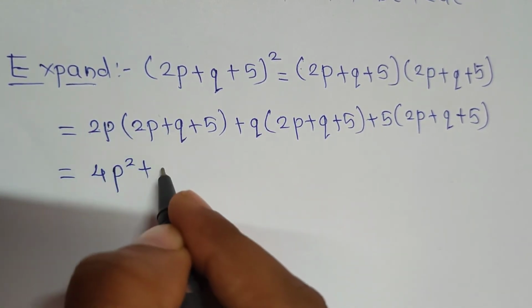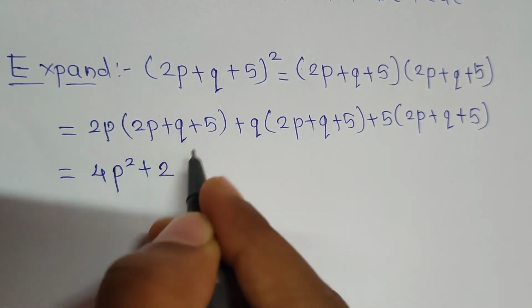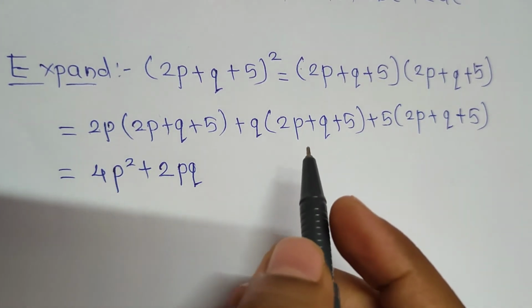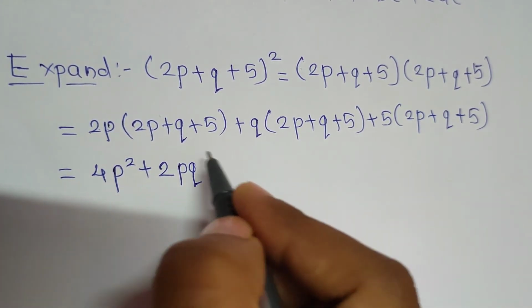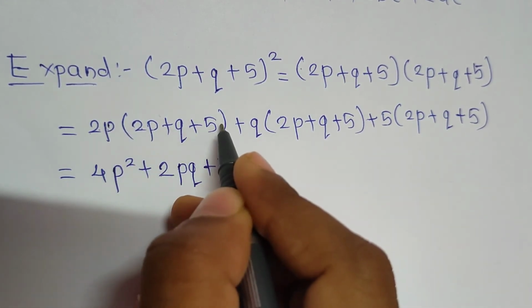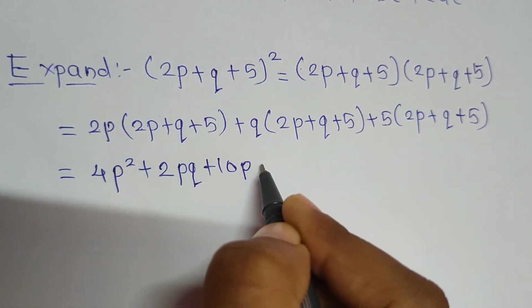So 2 into 1 will give you 2. p into q, pq. These are all laws of indices which we already have studied in the previous class. 2 5s are 10. p into no variable, so p alone remains.